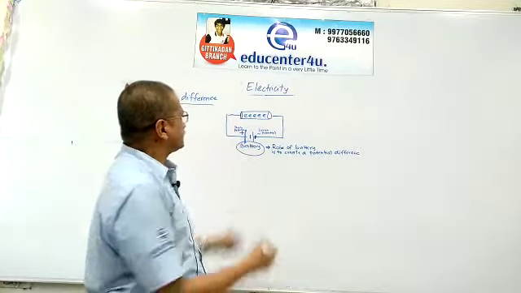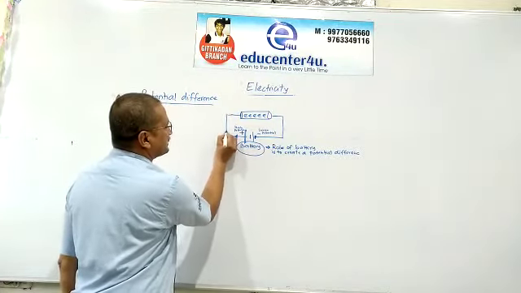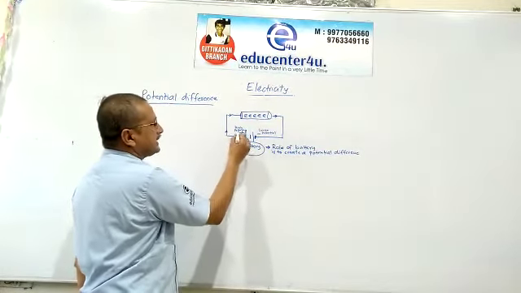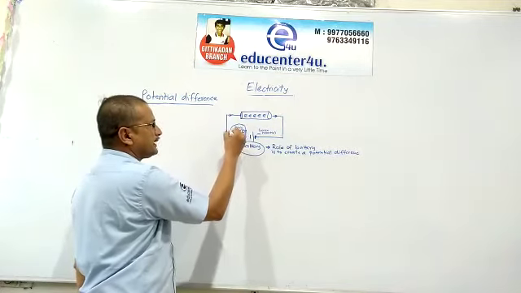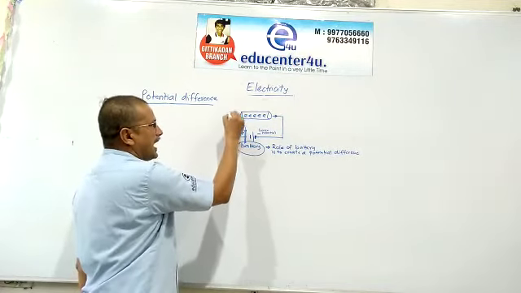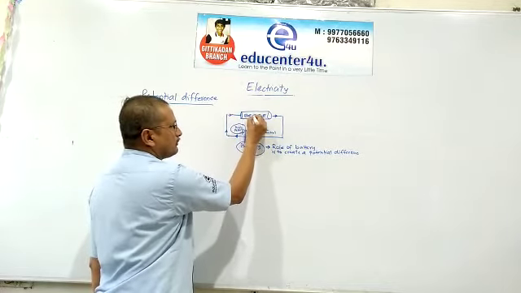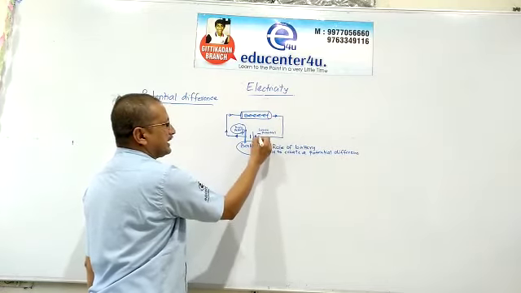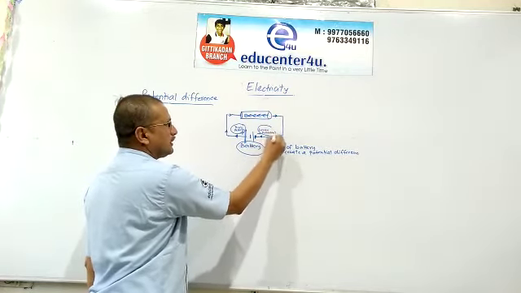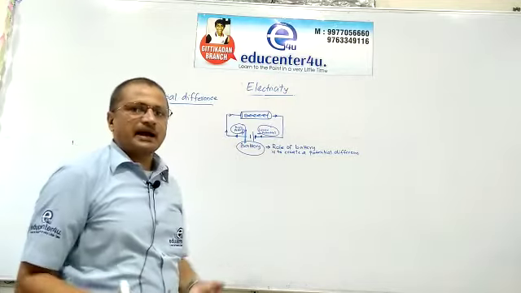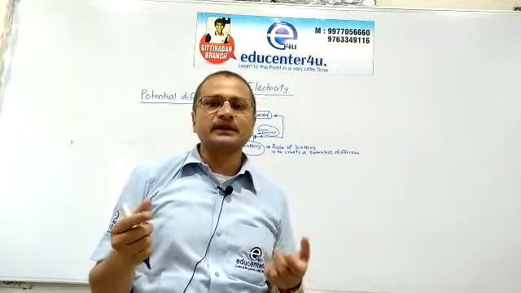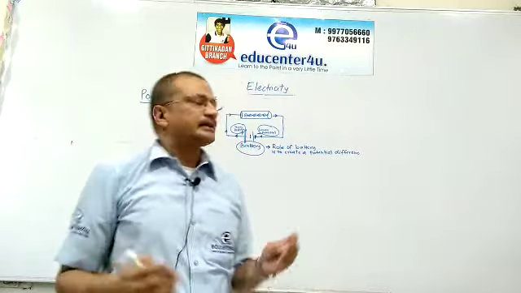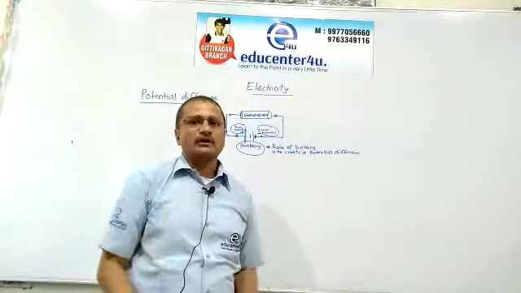Similarly, the flow will start from higher potential to lower potential. So from this high potential, the movement will always occur, and the electron will move toward the negative terminal, means the lower potential. So the role of the battery is to create the potential difference, means higher potential and lower potential. Only then will the flow of electrons happen.